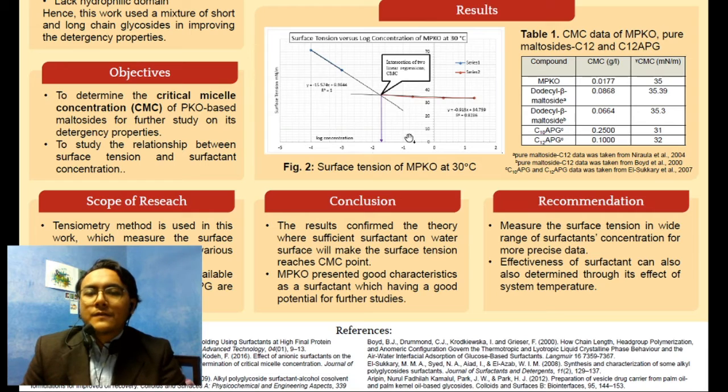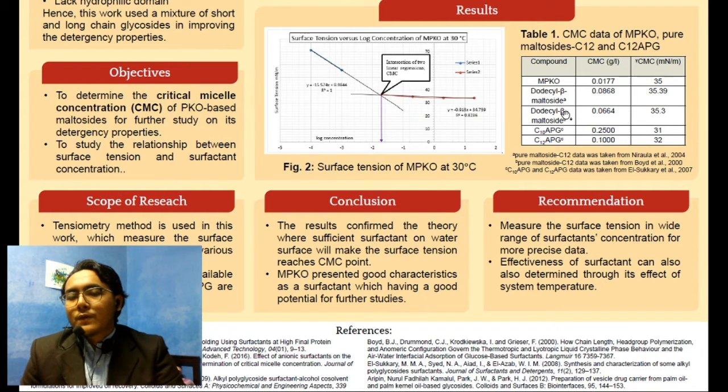Based on this graph, the CMC value obtained for MPKO at 30 degrees C was found at 0.0177 gram per liter. Referring to this table, we compare the CMC value with pure maltosides C12 and C12 APG. The C12 denoted here refers to the alkyl chain length, which is the carbon alkyl chain length of the surfactant at the hydrophobic part.